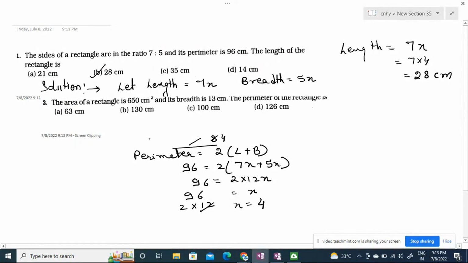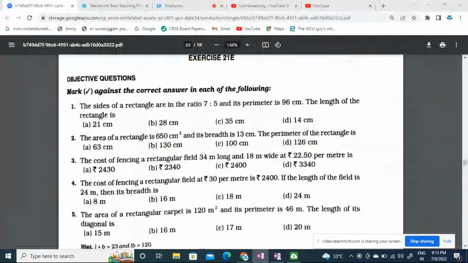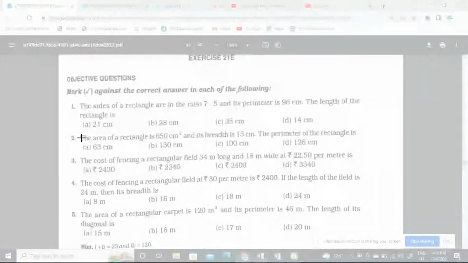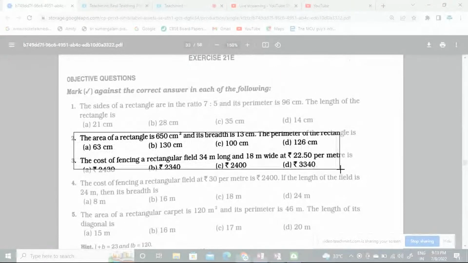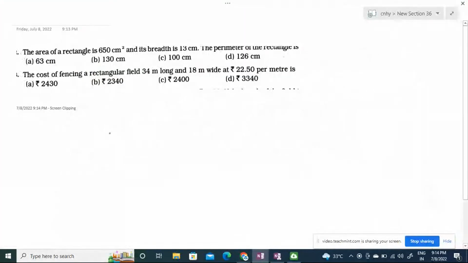Take this part. So area of rectangle is 650 centimeter square and breadth is 13 centimeter. We have to find the perimeter. So what is the area formula?